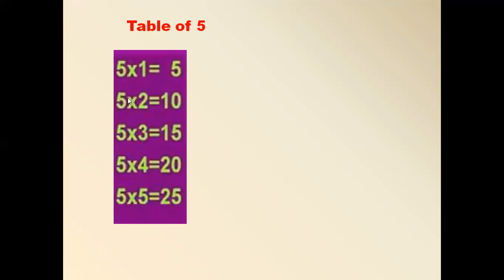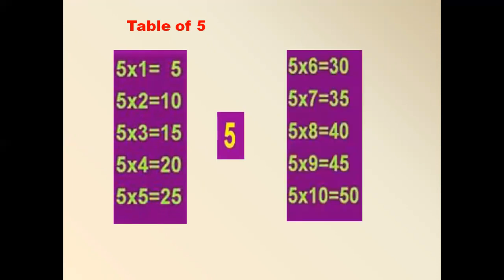Next we will also discuss the table of 5. Let me read. 5 ones are 5, 5 twos are 10, 5 threes are 15, 5 fours are 20, 5 fives are 25, 5 sixes are 30, 5 sevens are 35, 5 eights are 40, 5 nines are 45, 5 tens are 50.